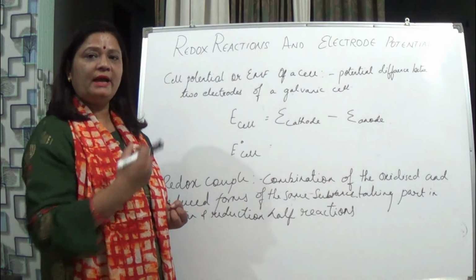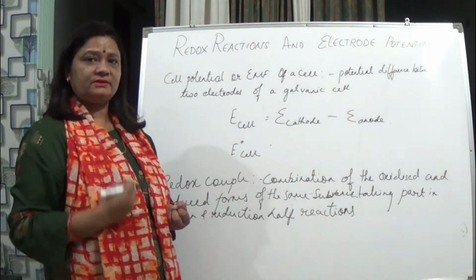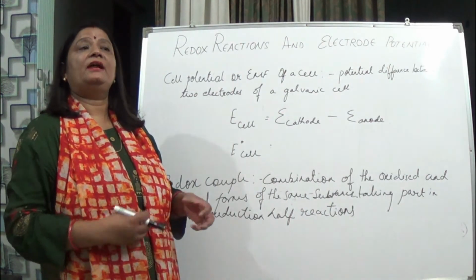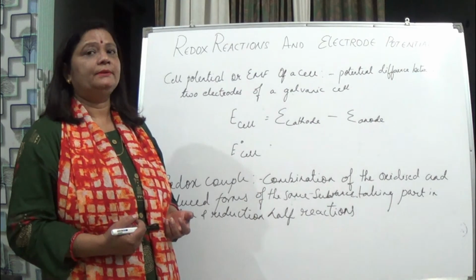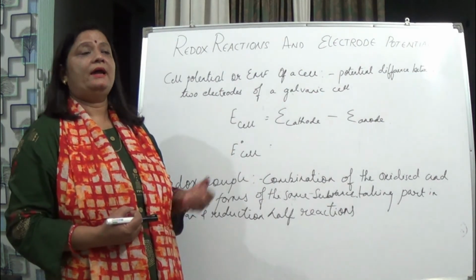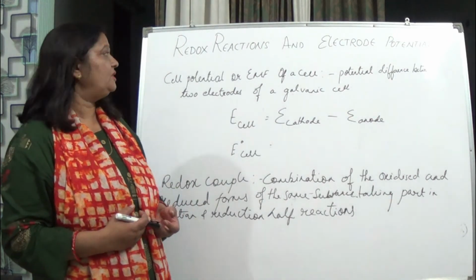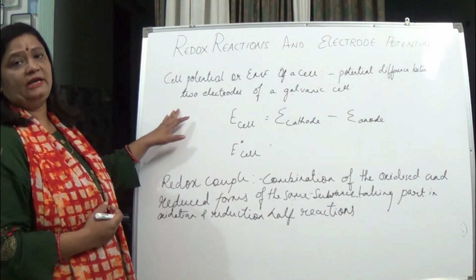So reduction will be taking place, and it will be acting as the reduction half only. If we are connecting it to copper, copper is below hydrogen, so naturally hydrogen will lose the electrons, and it will be acting as the oxidation half.